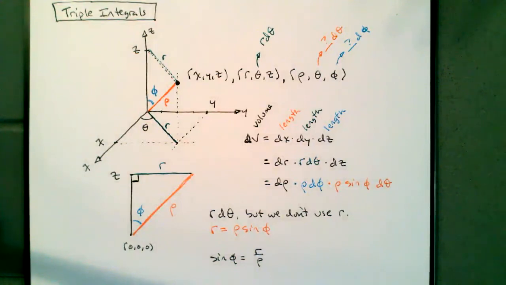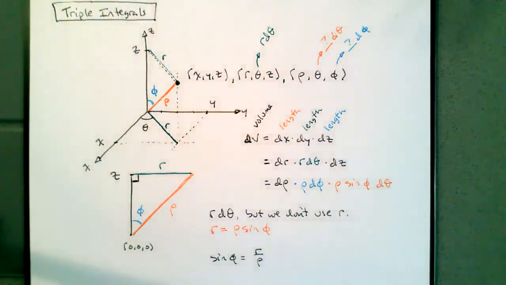Now d theta is a length. So when we're looking at triple integrals in spherical coordinates, that's where that factor of rho squared times sine of phi comes from. Those factors are there because we need to turn d phi and d theta into lengths.